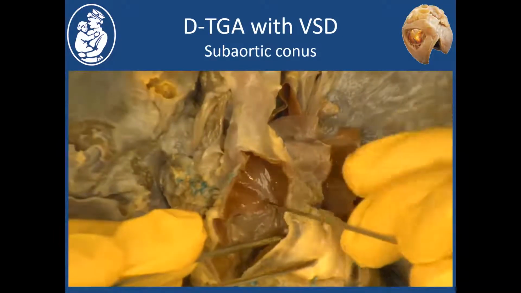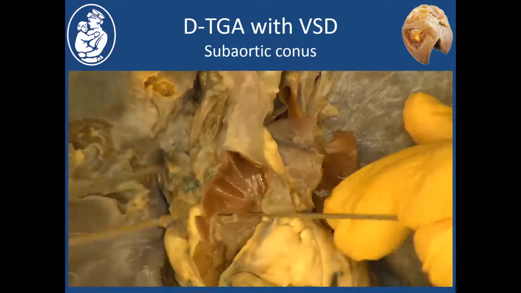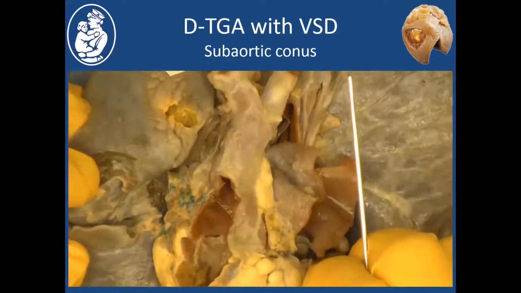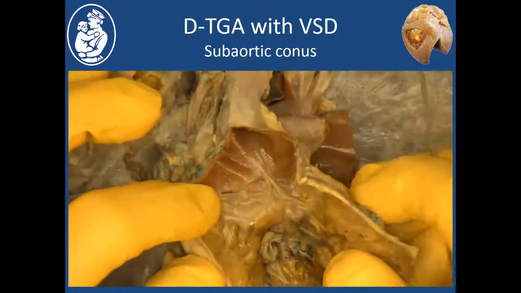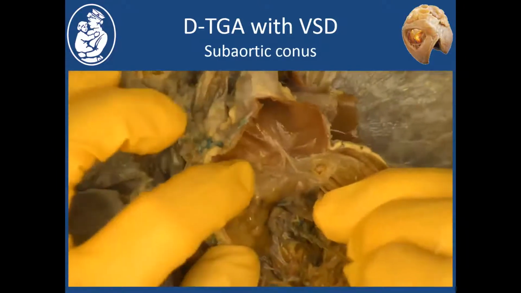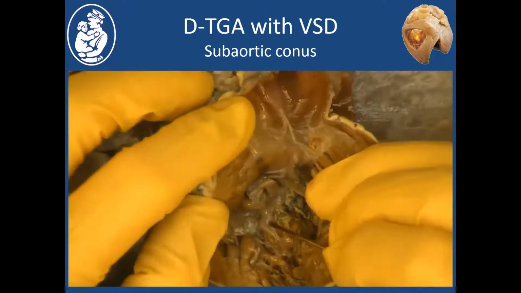We see the semilunar valves here. Here's the aortic valve with a coronary ostium behind it. If we look inside the right ventricle here, this is the tricuspid valve, the septal leaflet of the tricuspid valve.